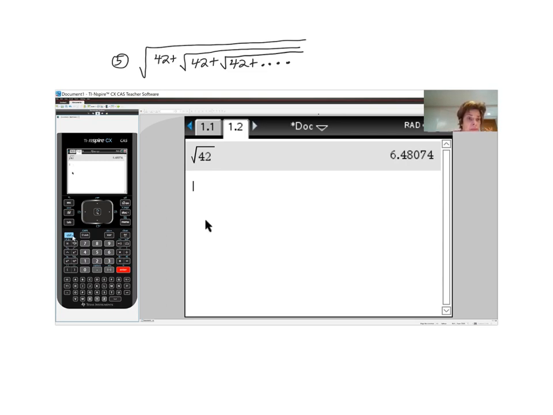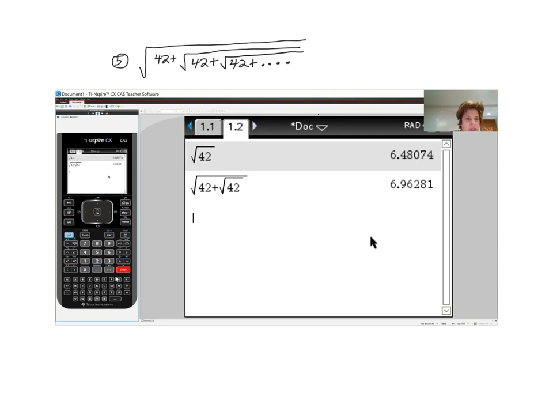Now, what we want to do is add 42 and take the square root of that. So I'll begin by doing control square root symbol, which is right under the square. I'll type in 42. And then instead of retyping plus the square root of 42, I'll just put the plus there. I'm going to go up, highlight the square root of 42, and press enter. So now I have nested radicals, and I have control enter, and I get 6.96.